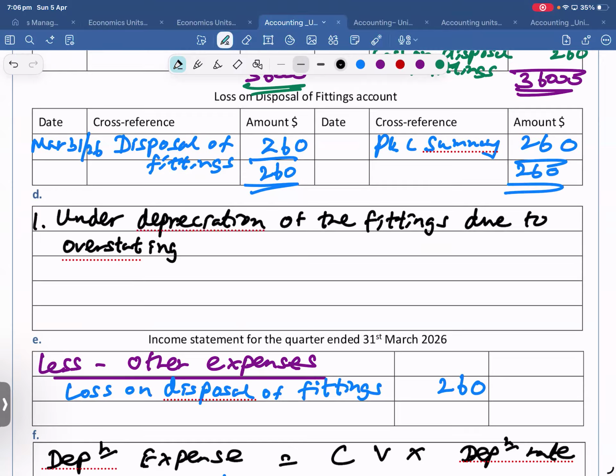So which can change. Based on market value? Yes, and also based on our experience, we have determined the residual value and the useful life, which is again determining the depreciation expense. So technically it is biased. Yes.